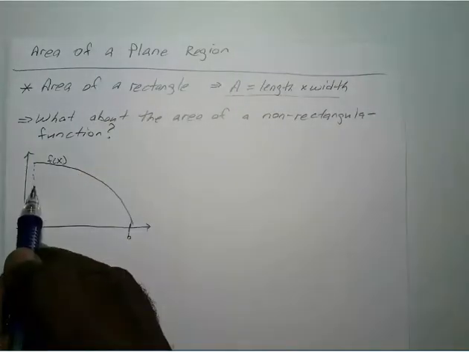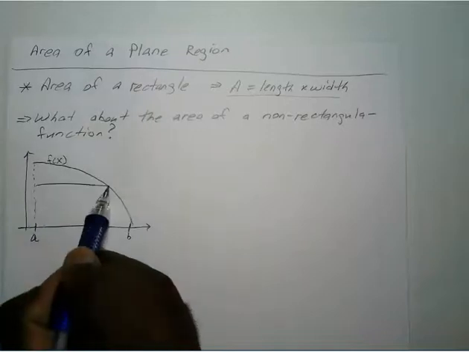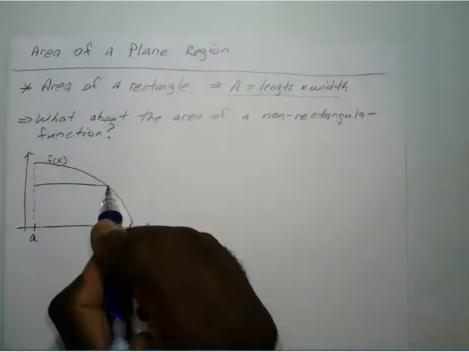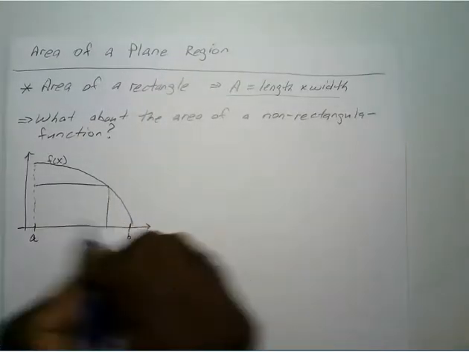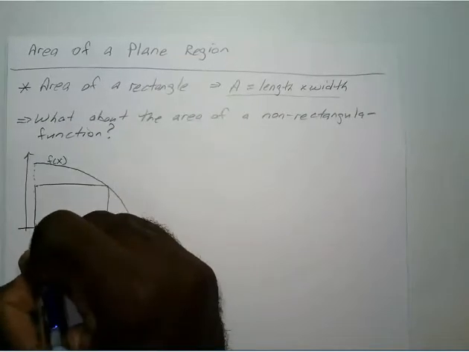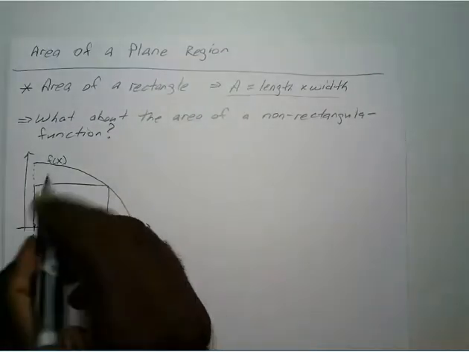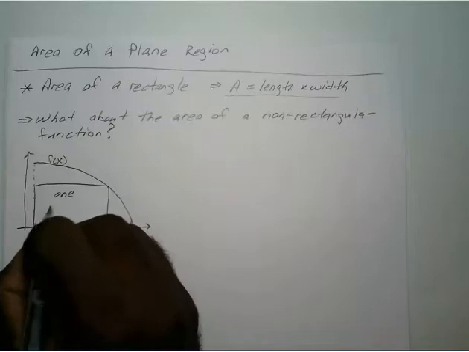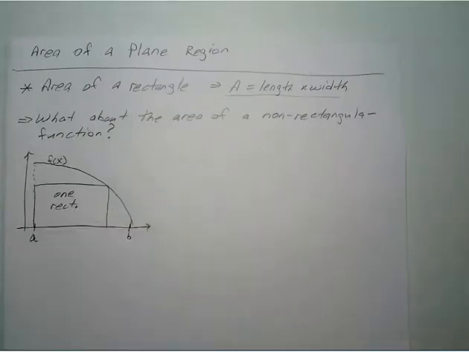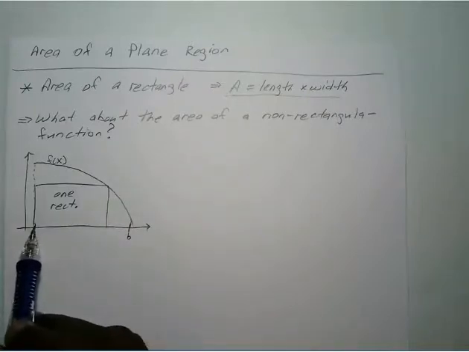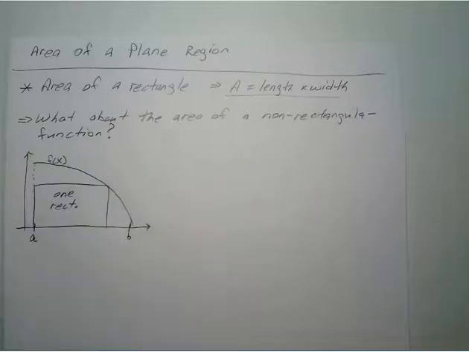So what if we put one big old rectangle right up under there? So one rectangle. Well, we may not have the exact area, but if we can figure out the length times width, we can figure out the area.